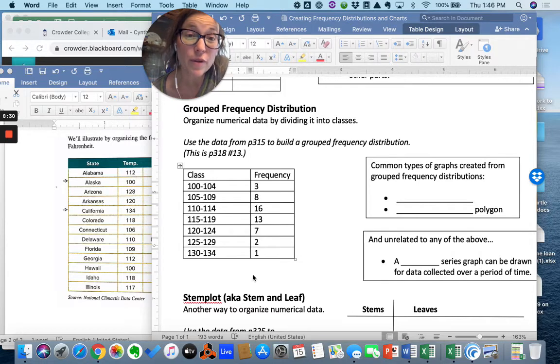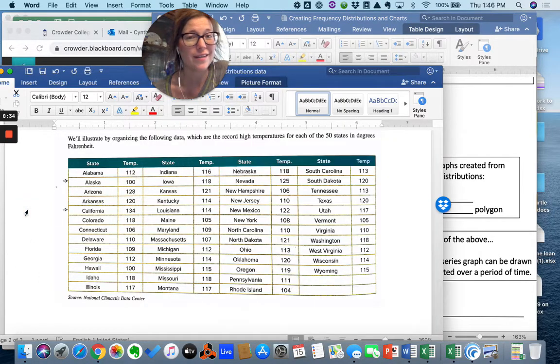Okay, so I've counted up the frequency. The biggest mistake people make on problems like this is they just skip one or they accidentally count it twice. So I would recommend, if you possibly can, get away with writing on your data. Just mark it off as you're counting it so you don't skip one.